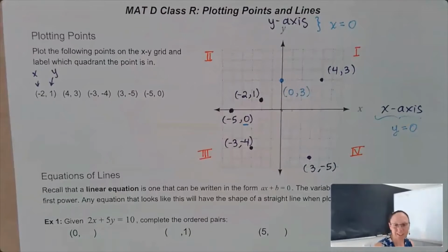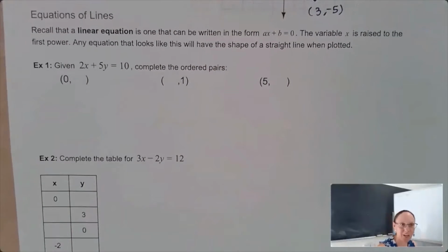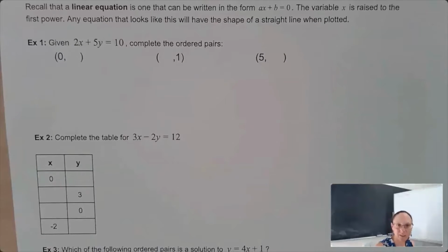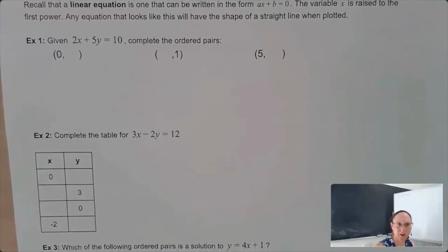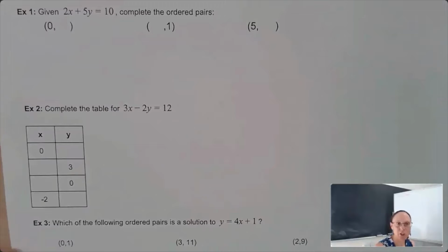Plotting points is great, but really what we want to get into is thinking about lines. So a linear equation is one that can be written in this form where the variable X is raised to the first power. So any equation that looks like this would have the shape of a straight line when we plot it. So if we look at this first example, 2x plus 5y equals 10.